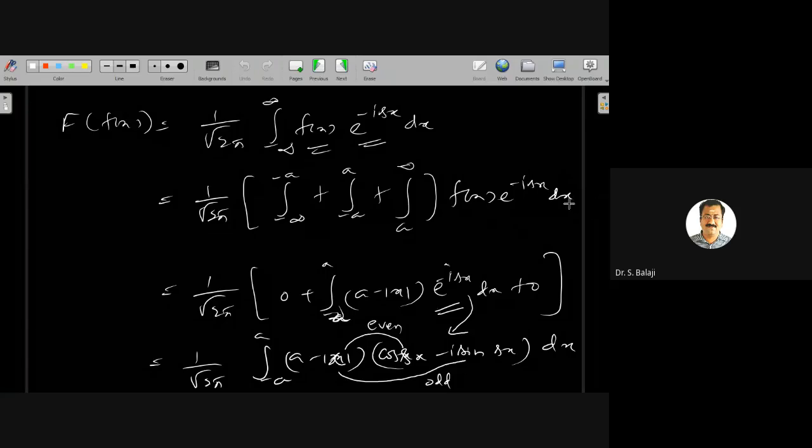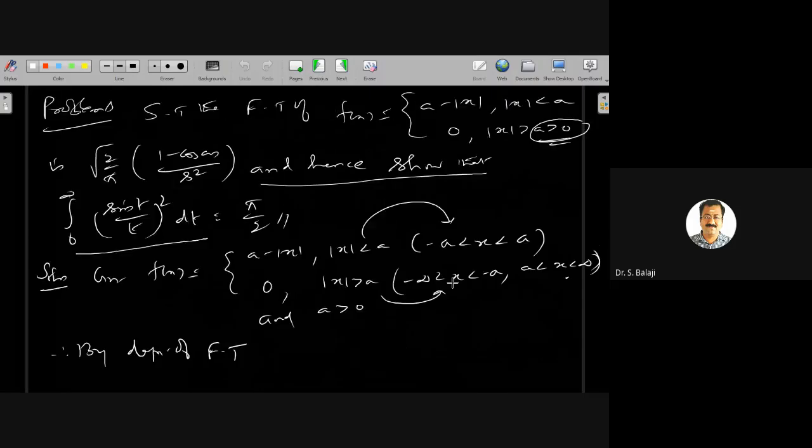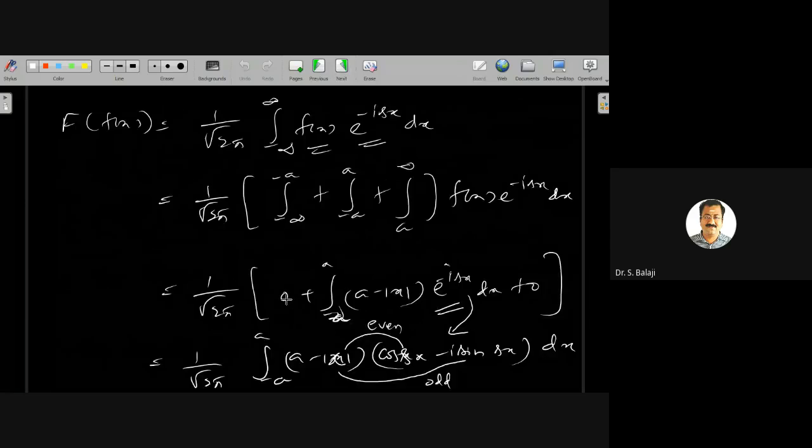But the value of the function in the first and last intervals is 0. In between, we have a minus mod x. So the first is 0, the middle is the integral from minus a to a of a minus mod x times e power minus isx dx, and the last one is also 0.